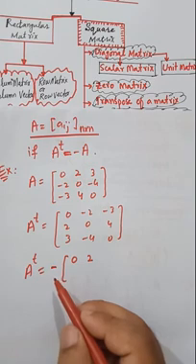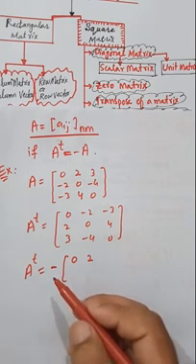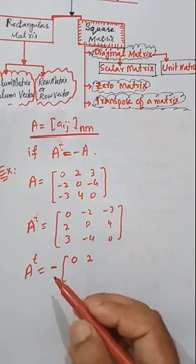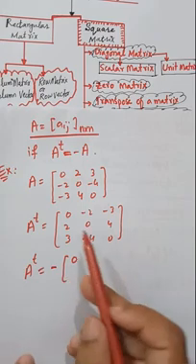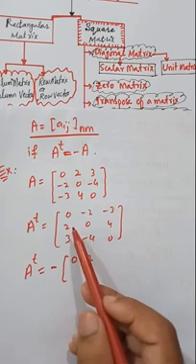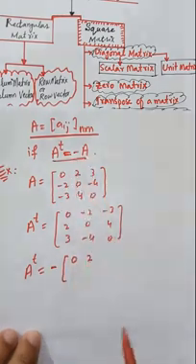When you are taking any scalar constant common from the matrix, you need to take it common from all the elements. So if I take minus common from the matrix, it means you need to take that minus common from every element. I am taking minus common to check this definition.